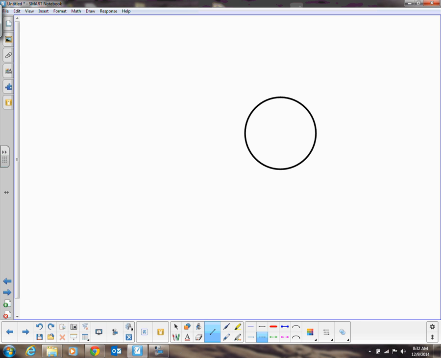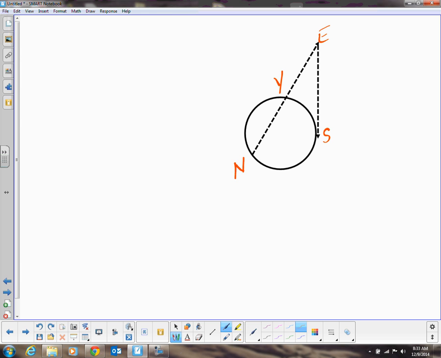This is number 22. All right, my lines are dotted. You have to just cope with it. All right, this is N, this is E, this is Y, this is S, and we've got B in the middle.